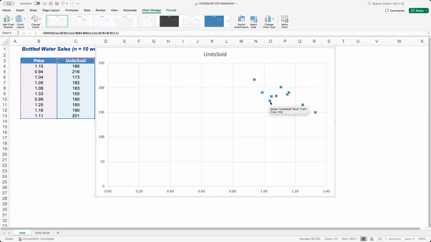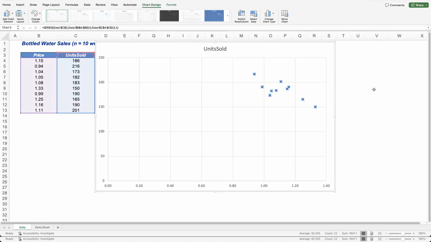Okay. So I'm going to say that if we were to try and group these, maybe put a belt around them, it would look like a line that had a negative sort of slope. I'm going to say these are negatively correlated. An increase in price brings me a decrease in units sold.